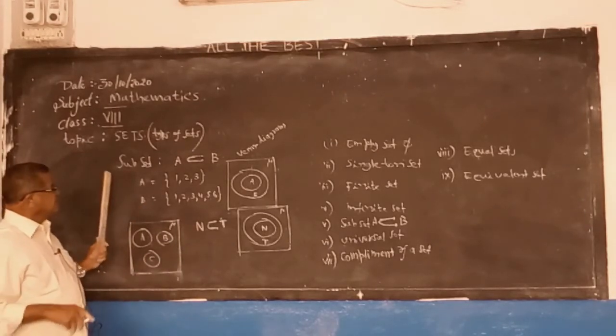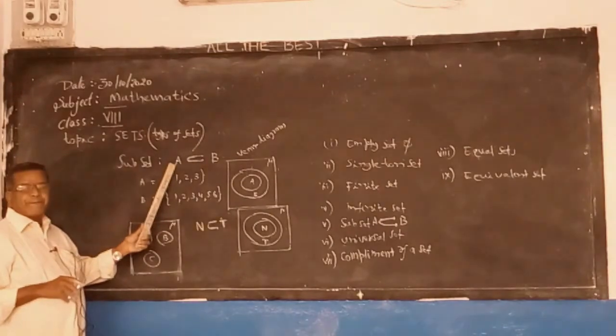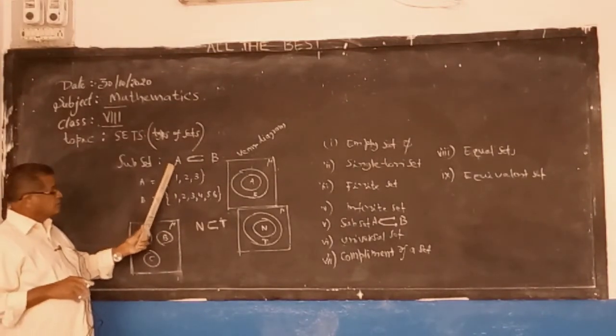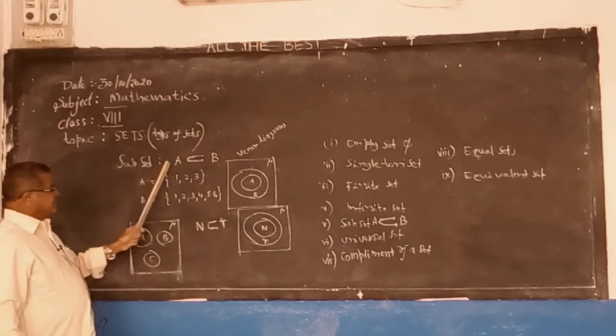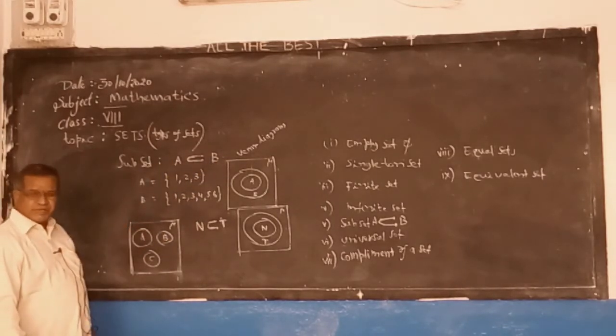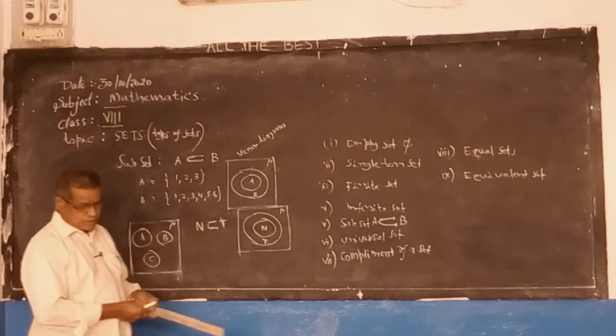How to define it: if the elements of set A are also in set B, then it is called A is a subset of B. Write the definition.